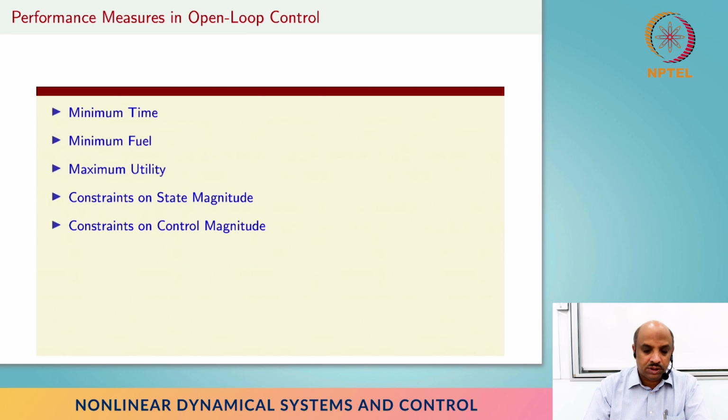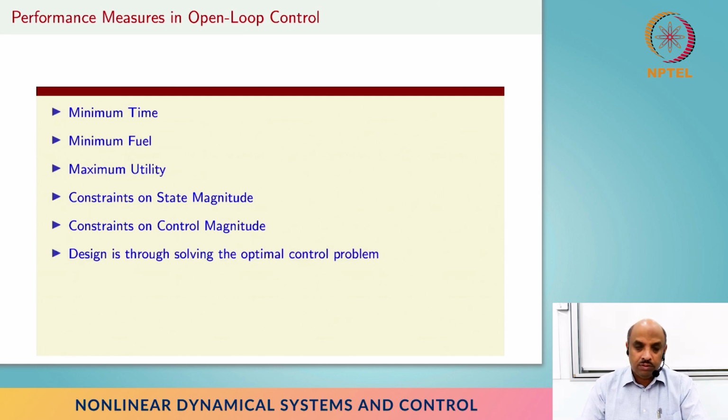But open loop control does not worry about those things. It tries to solve, and if there is a solution, well and good, and that tells you whether you're trying to reach a point in the reachable space.